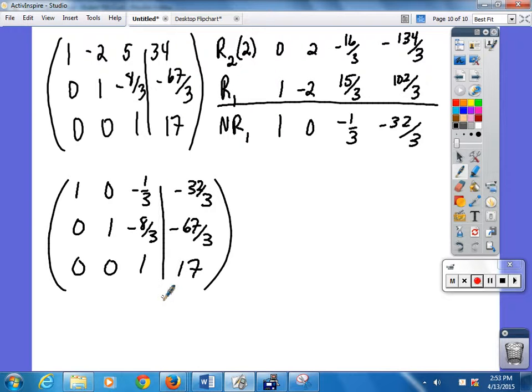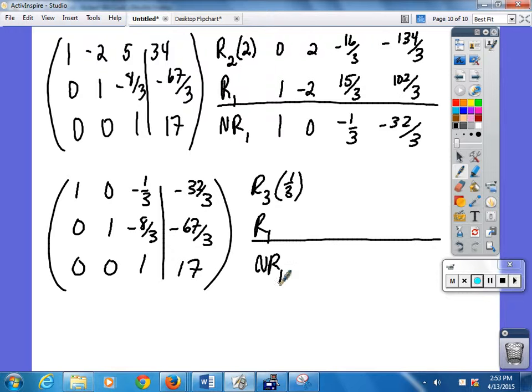I was going to multiply this by -3, but you don't want to do that. So I'm going to multiply row 3 by 1/3, add it to row 1 to get new row 1.